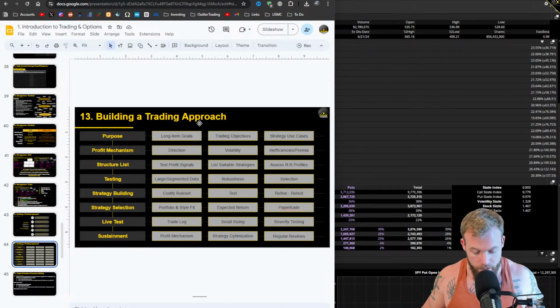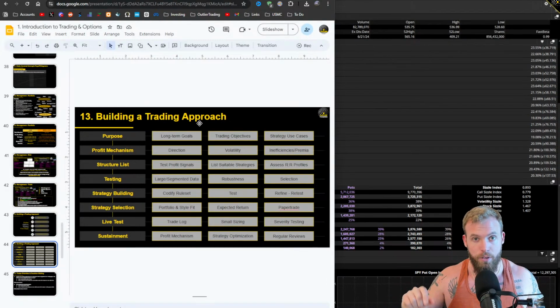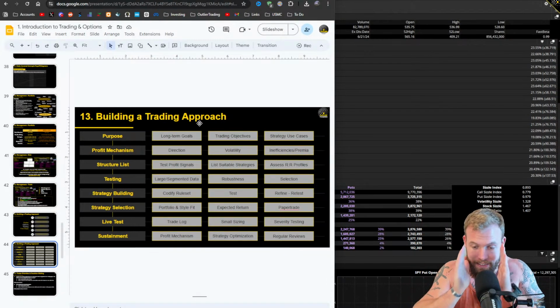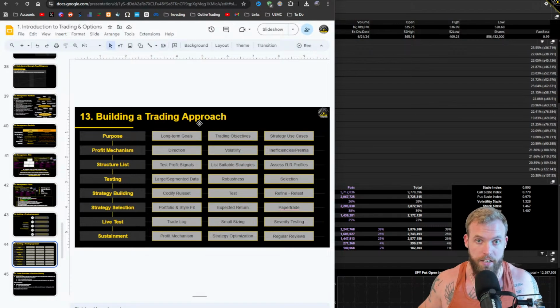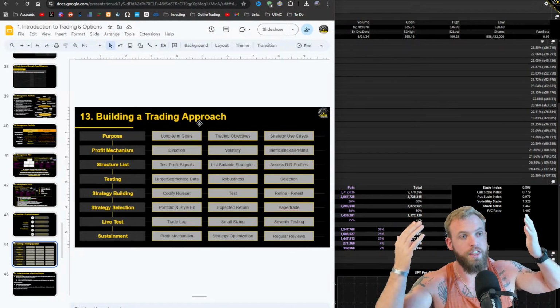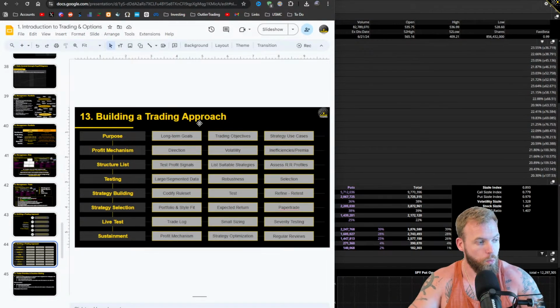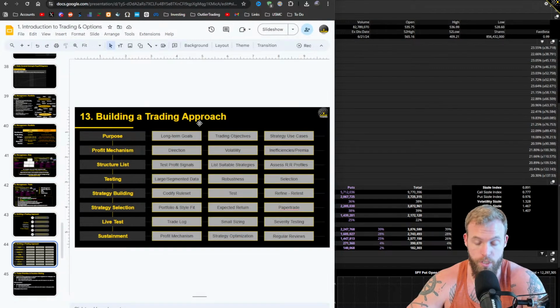The reason I start at the portfolio is because it naturally sends me down different paths that limit my scope of selection. So I'm not trying to solve this giant problem of there being thousands of things I can trade, how do I pick one?